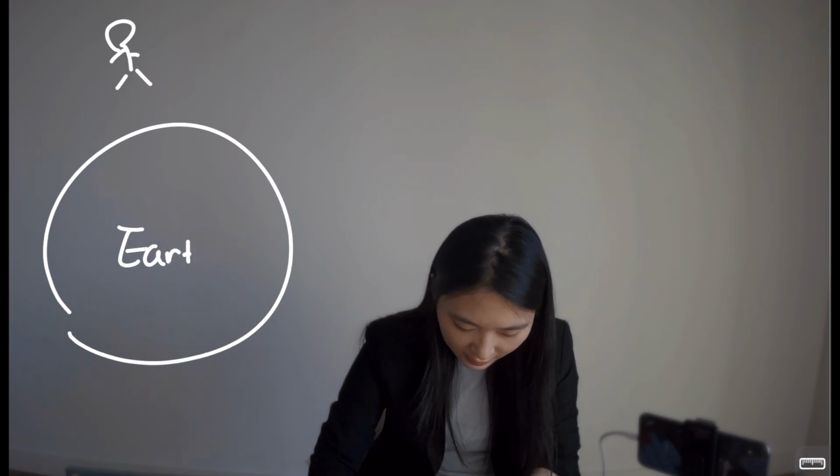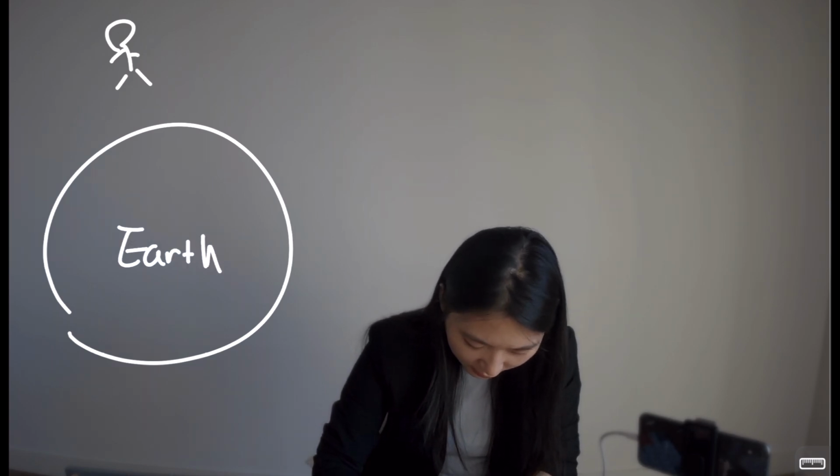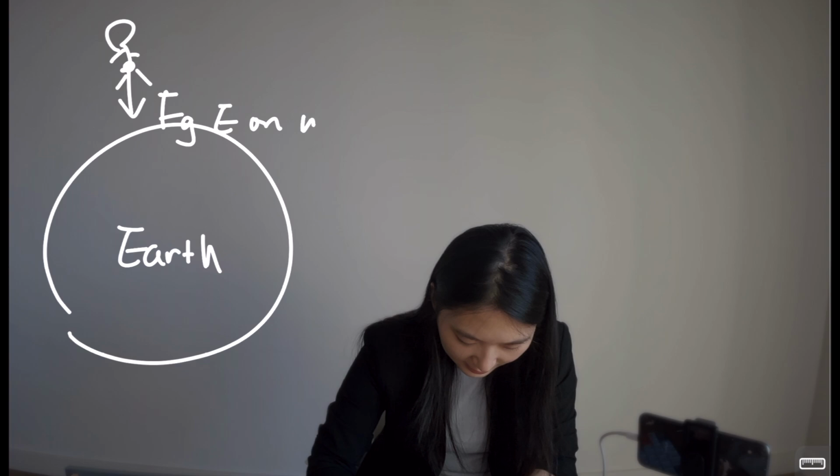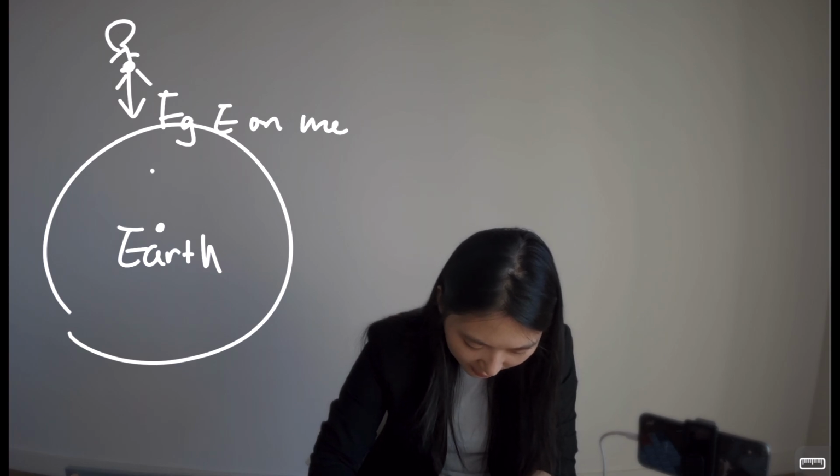What's really important here is that since any two objects attract each other, this is actually a pair of action reaction forces. Let's say I am pulling the Earth. Then the Earth is pulling me down. This is the gravitational force applied by Earth on me. At the same time, I am also pulling the Earth upward.